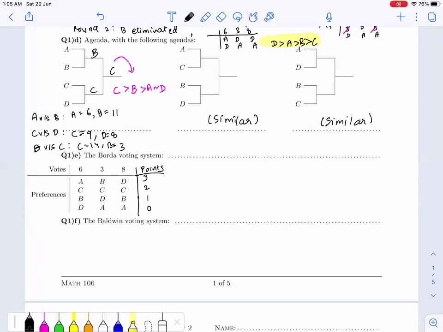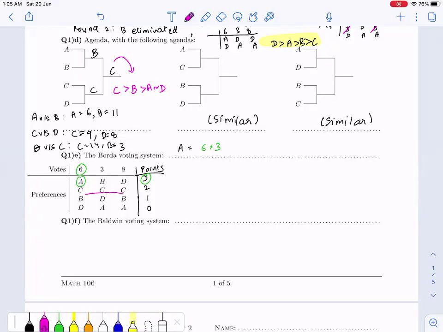So let's count the points for A. Look at the top row. A gets 6 top votes, so that's 6 times 3: 6 votes, and 3 is the weight for the top preference.